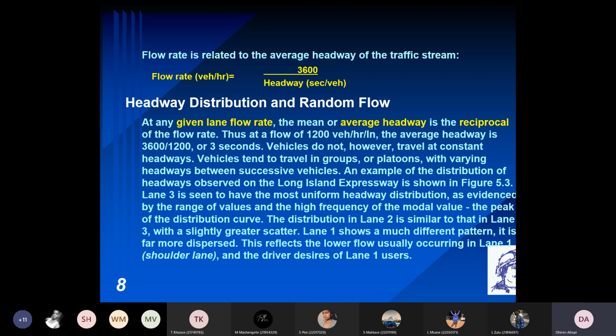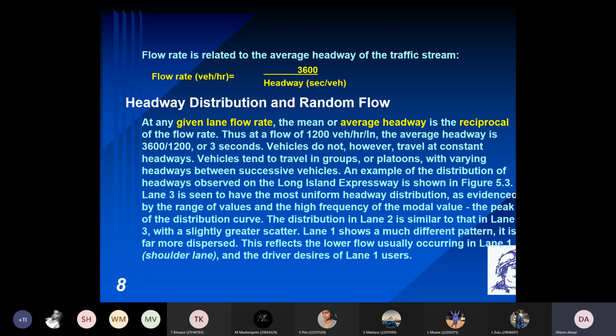Here on the top you're now looking at the relationship for flow rate. The basic unit for flow rate is vehicles per hour, and you can see the relationship with headway: 1 over your headway is your flow rate.